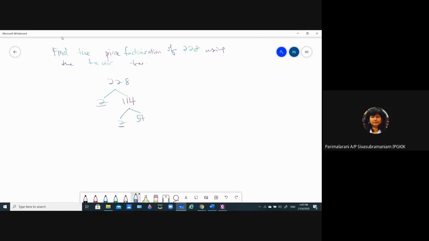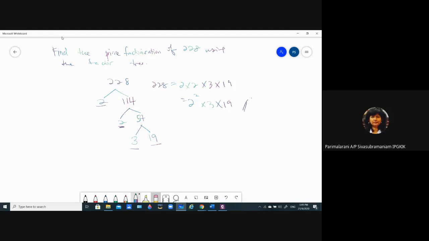This branch has already reached a prime number, so it stops. 57, I can factorize some more, 3 times 19. Prime number, prime number. Therefore, 228 is equal to 2 multiplied by 2 times 3 times 19. So 2 to the power of 2 times 3 times 19. Remember to write your answer like that in the end.